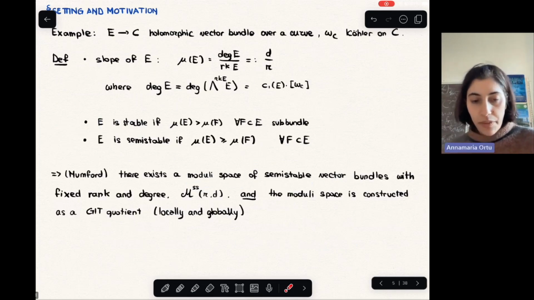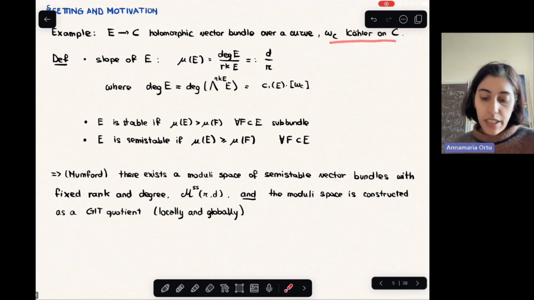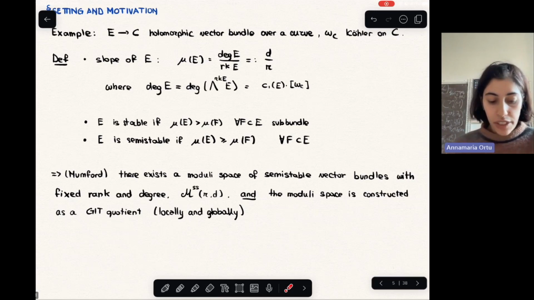So let's stick with vector bundles a little bit more. If you take a holomorphic vector bundle, let's say over a curve, and fix a Kähler form on the curve, then we can define the slope of the vector bundle as the degree divided by the rank.